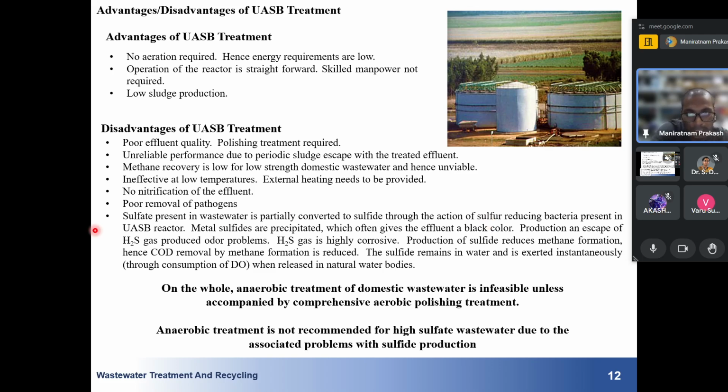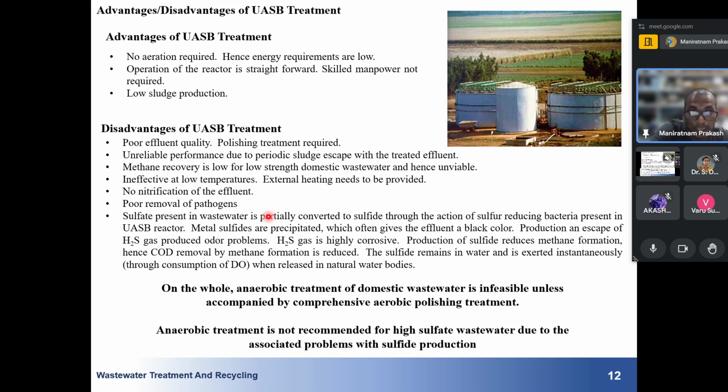So sulfate is mostly present in our wastewater, especially if it is coming from industry. Sulfate present in wastewater is partially converted into sulfide through the action of sulfate reducing bacteria present in the UASB reactor.